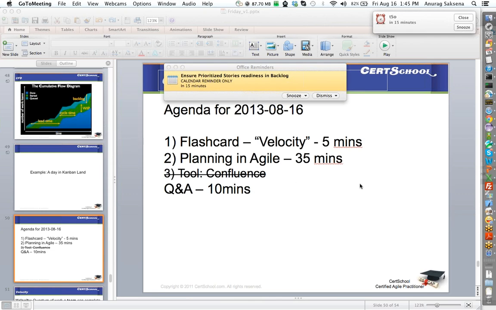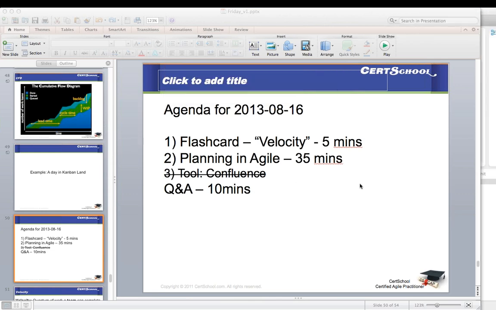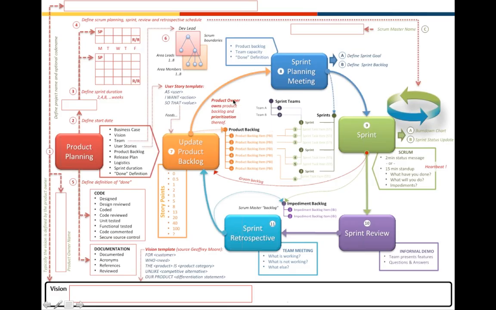Okay, all right, another question about the release. When we are doing product planning, one of the important things in product planning is release planning. It has other things as well. It has product backlog updates, definition of done creation.